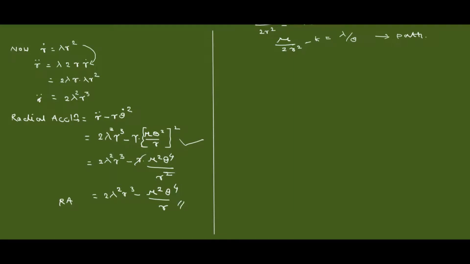Now similarly we have to find the value for transverse acceleration. Transverse acceleration formula is 1 divided by r d by dt of r square theta dot.